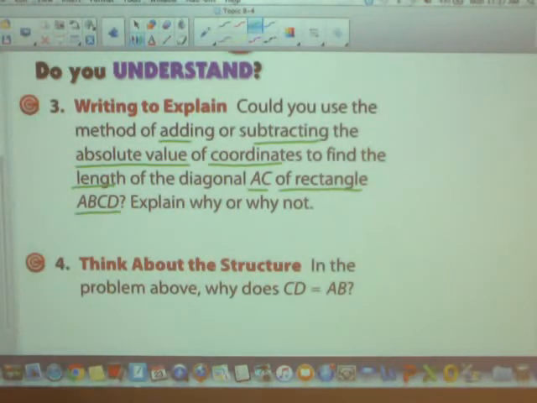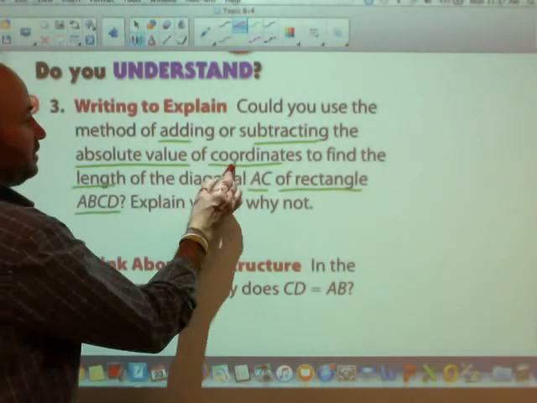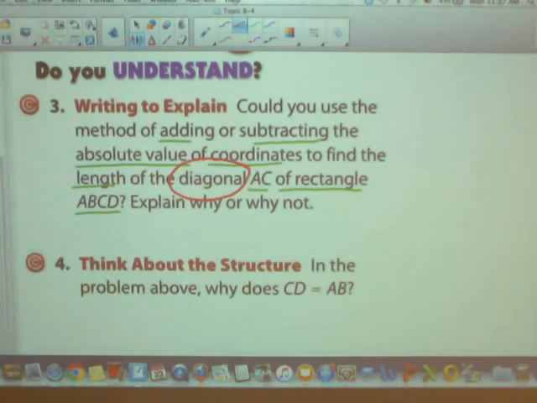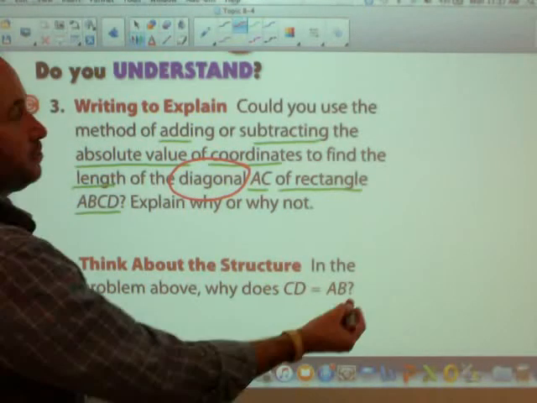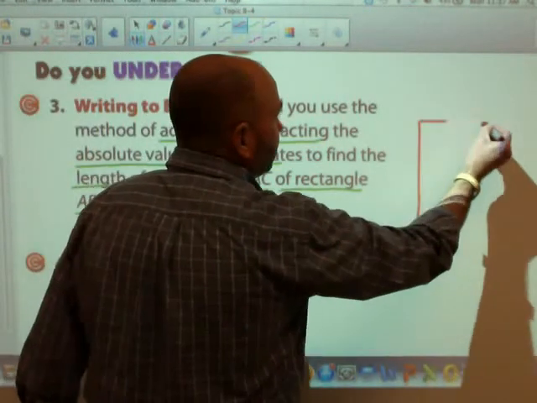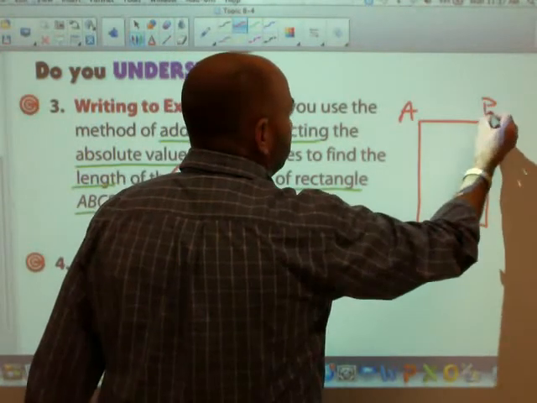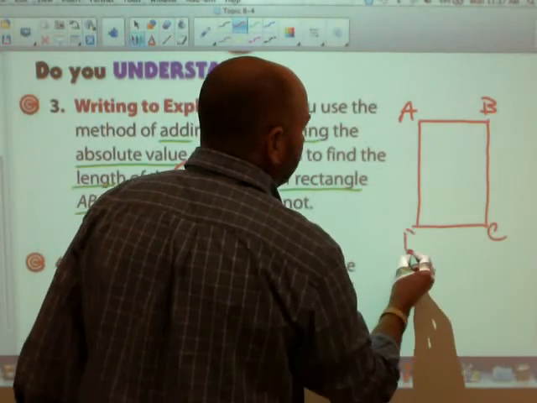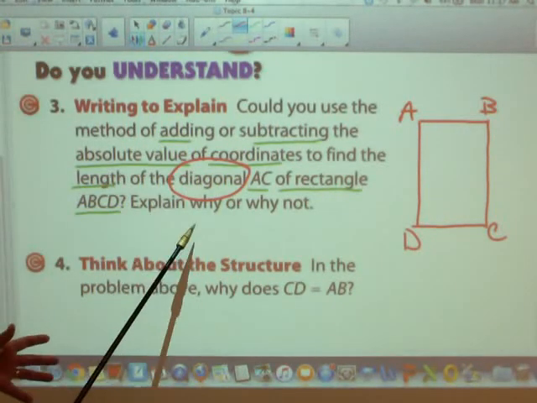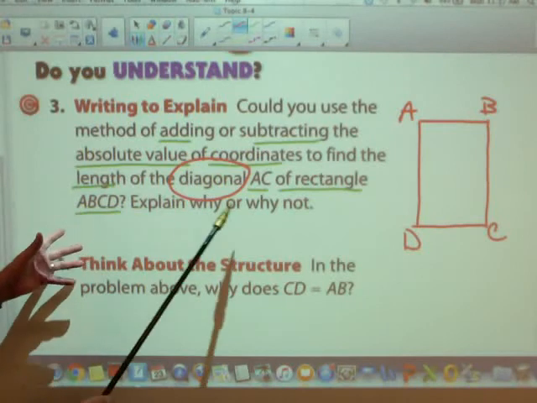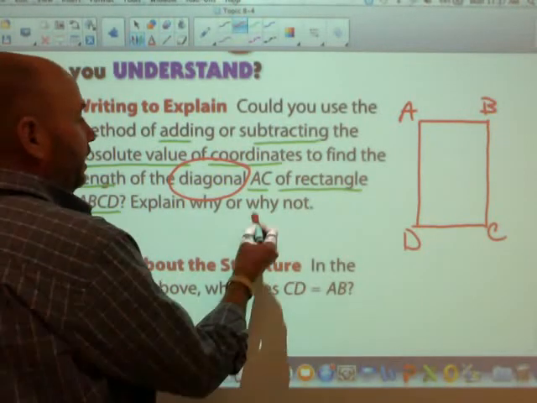Explain why or why not. Well, notice what they're asking you to find. They're asking you to find the diagonal of rectangle ABCD. So if we were to draw a rectangle, name the points A, B, C, and D, they want to know if you could use absolute values to find the length of the diagonal AC.